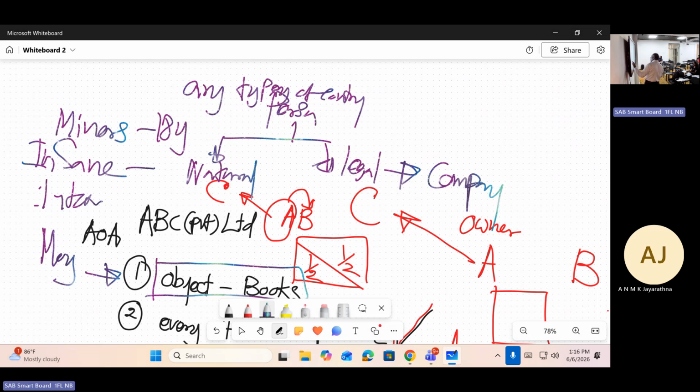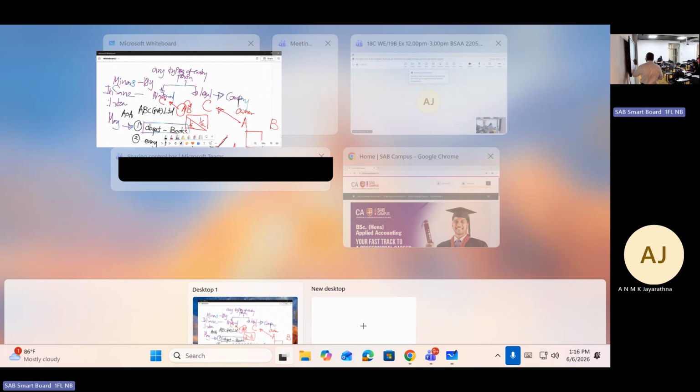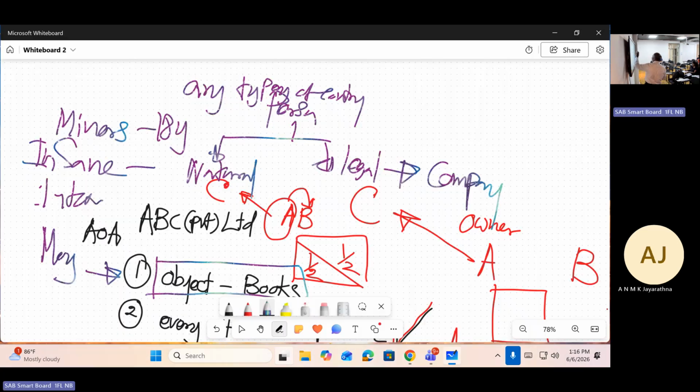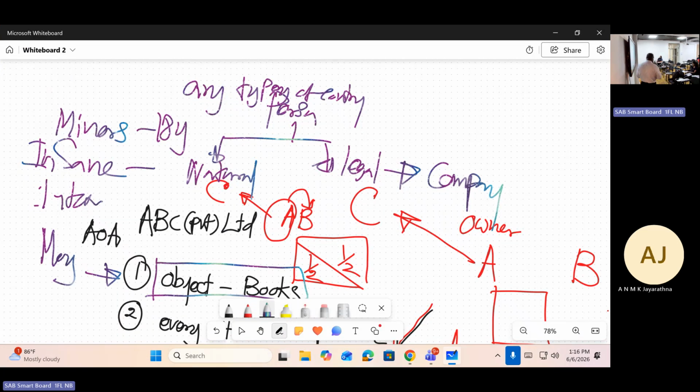Why do they do it? May set out objects. Therefore, the company can mention its objects or avoid mentioning the objects.